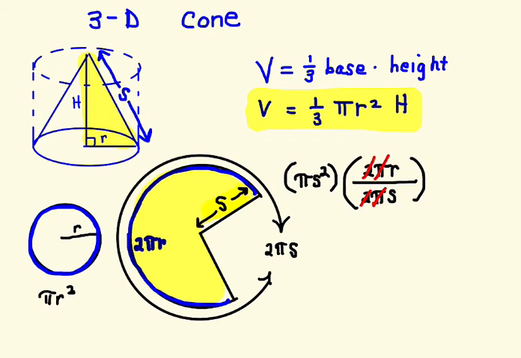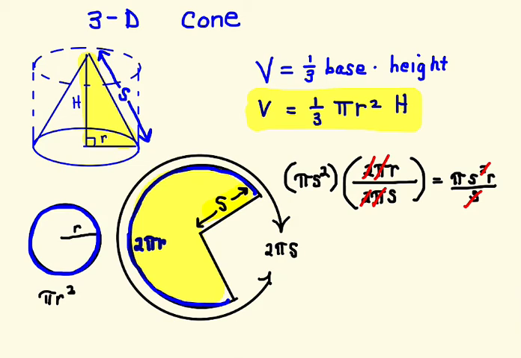I just replaced it with S. Okay. So this reduces to pi s squared times r over s, and of course now the s's cancel out, right? So this s cancels out one of these, and so this ends up equal to pi s r.